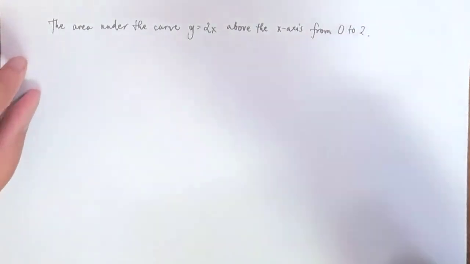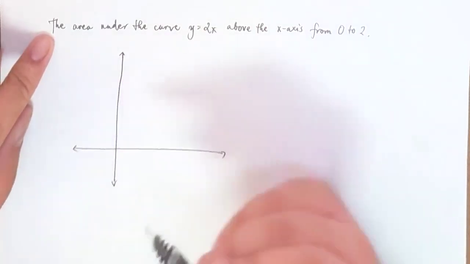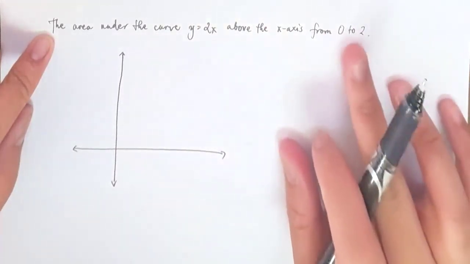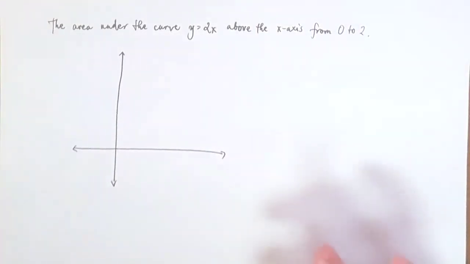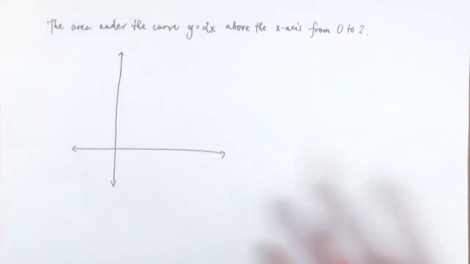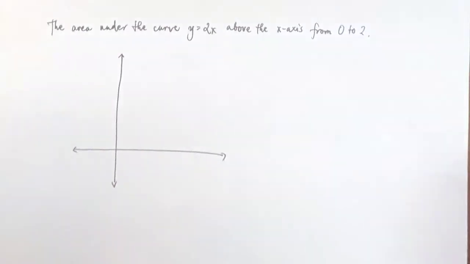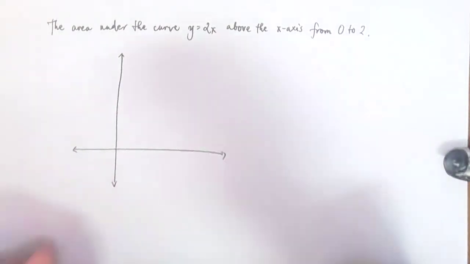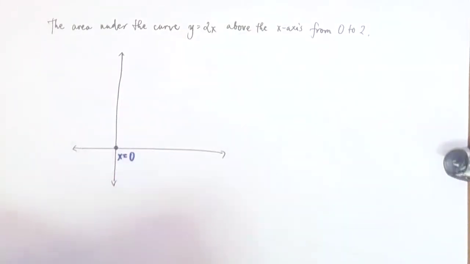Now, the way we can do this easily is, if we recall, what would be the graph of y equals 2x? And we need to note from what x to what x. In this case, it's from x equals 0 up to x equals 2.